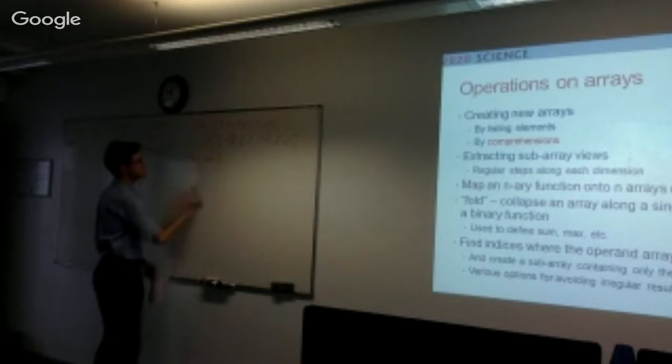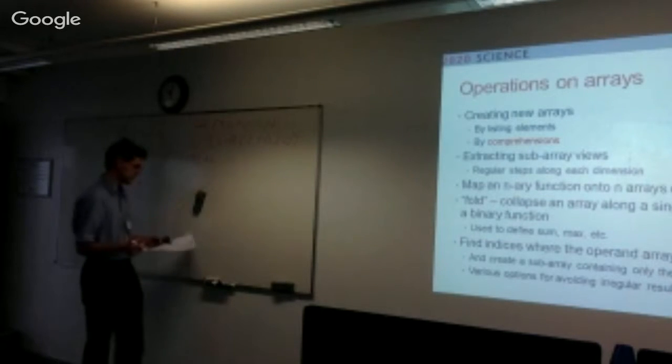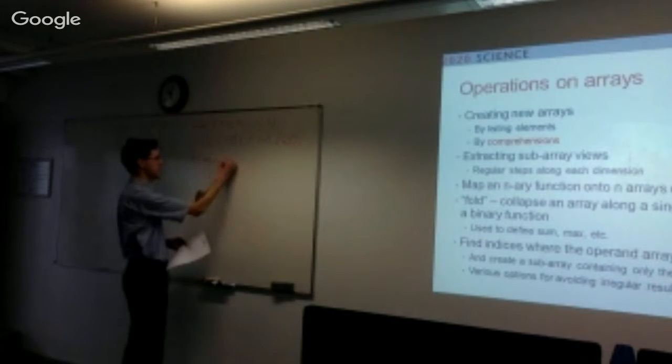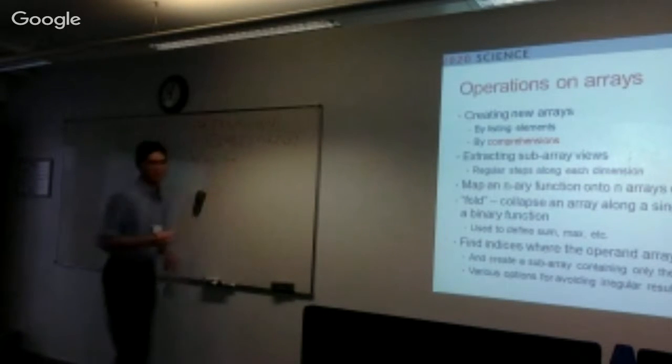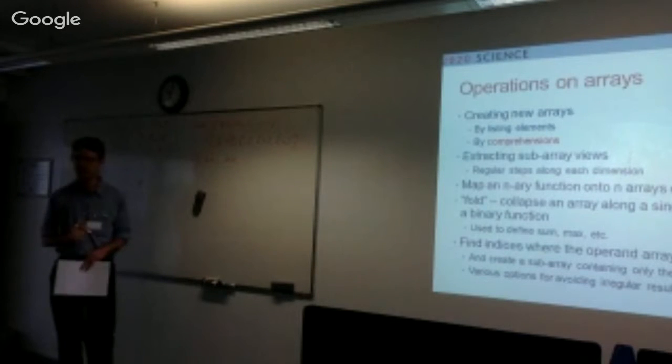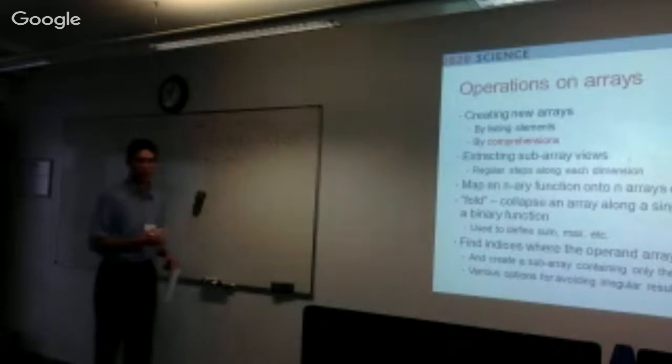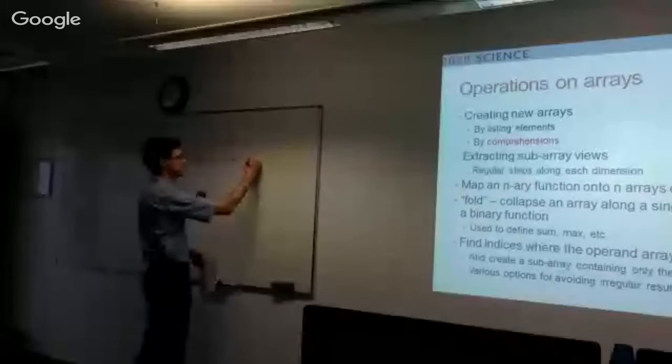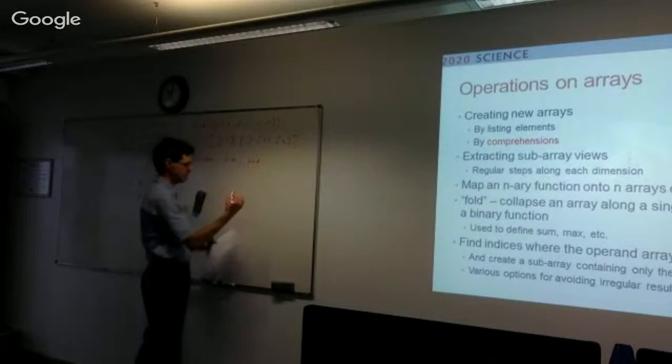So the extra options that you can apply in this indexing operation basically say how you're going to do that. You can pass in which dimension you're going to either contract it or expand it along. And you can say whether you're going to add new values, which is called padding.